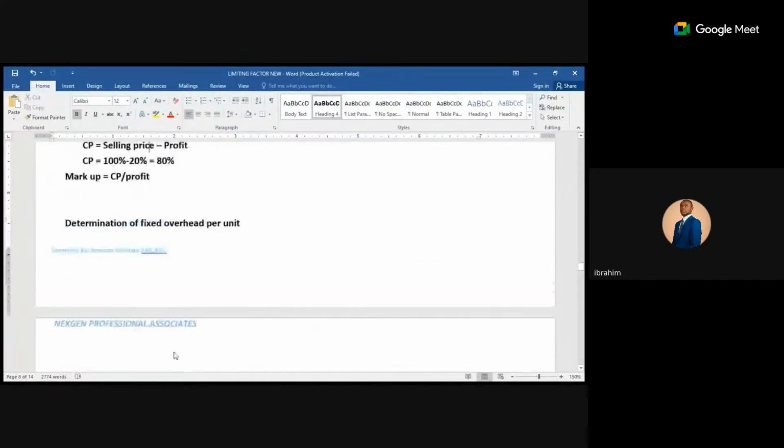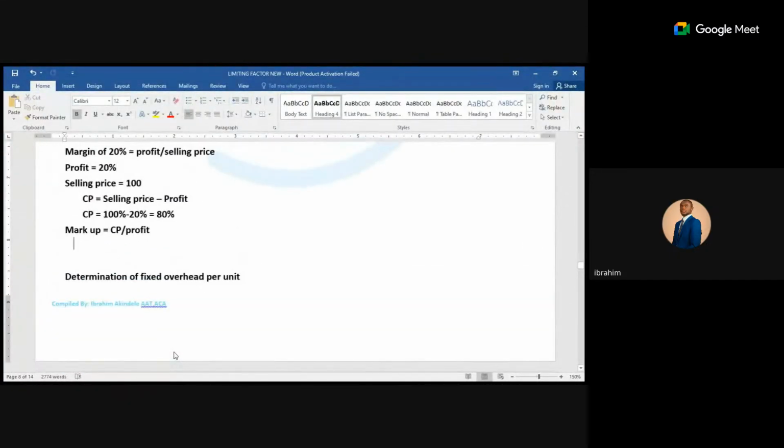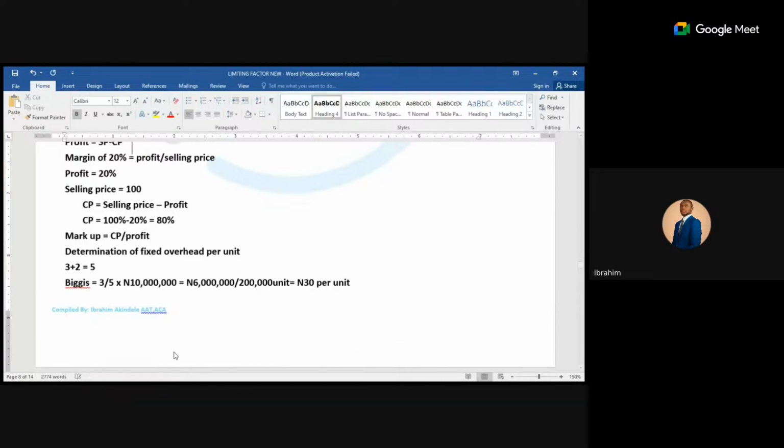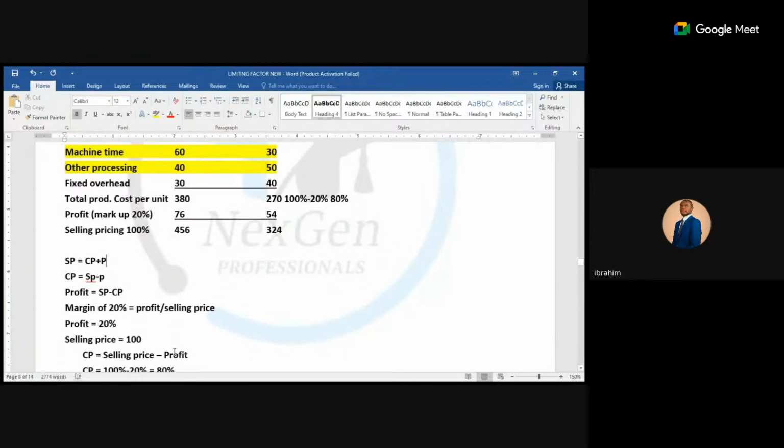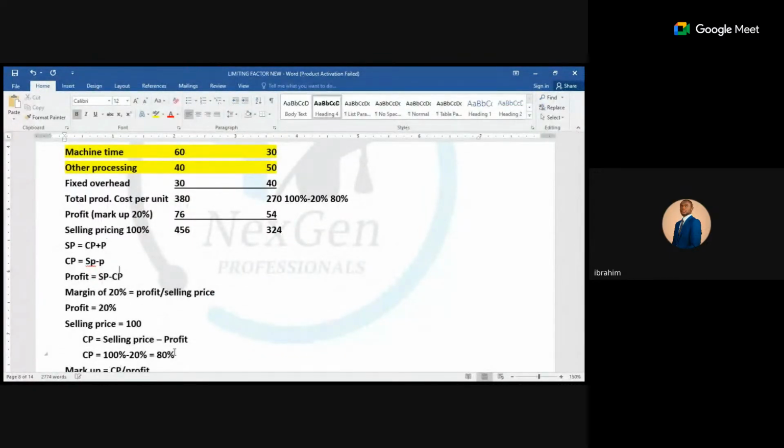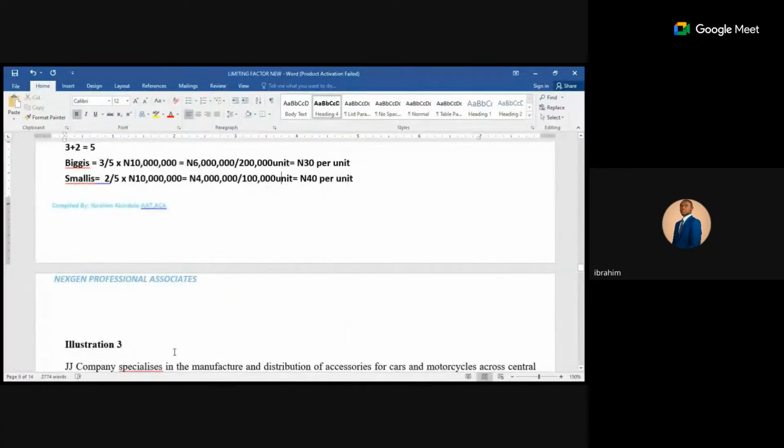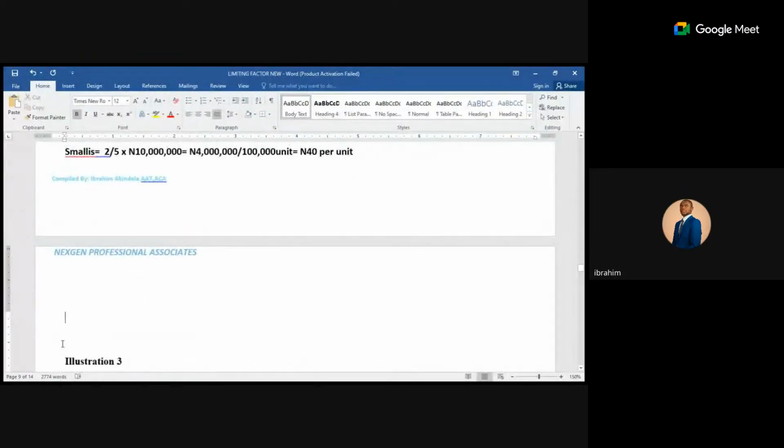You have to start by identifying which of the resources given to us is the limiting factor. So let's quickly test for the limiting factor. We have, okay, this is C, right?